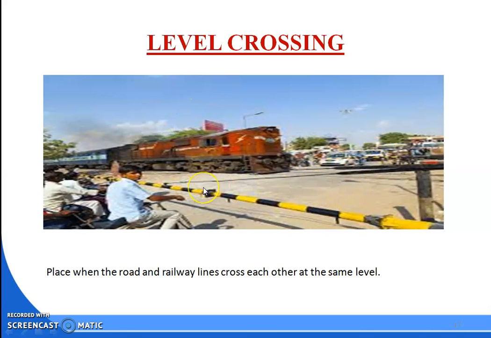This means the grade, the road and the track, are not separated by using a bridge or tunnel. Whenever we provide a tunnel or bridge, we can separate them, because here both are available at the same level.